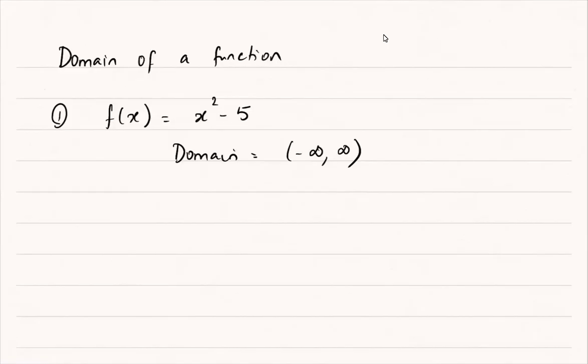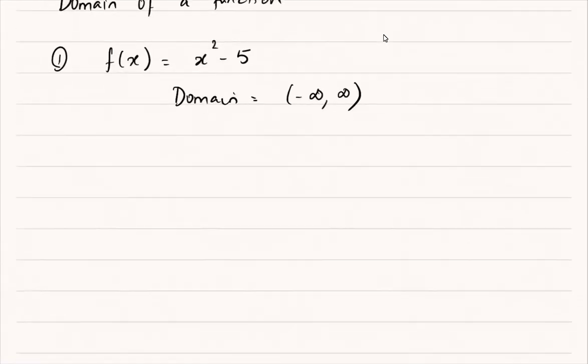The question is a domain question, meaning what are all the possible input values to this function, or in other words, what are all the possible x values that can go into the function so that f of x, which is the output, is always a real number. And in this case, it is negative infinity to infinity.